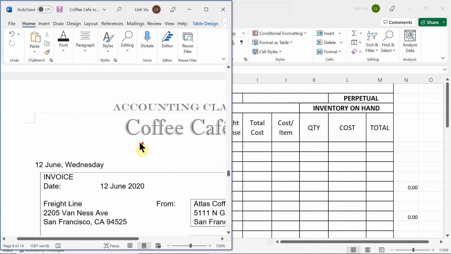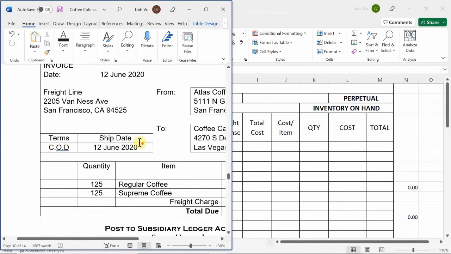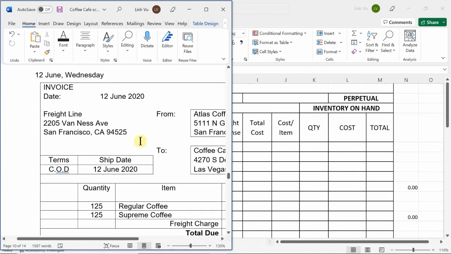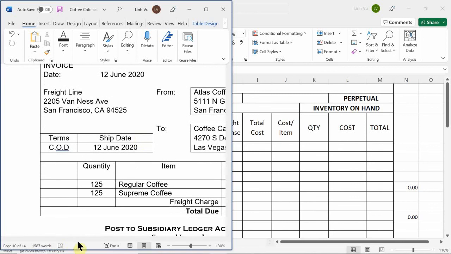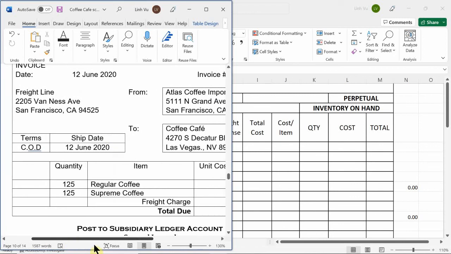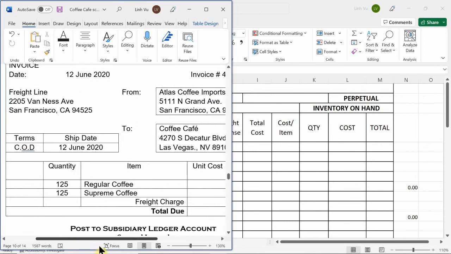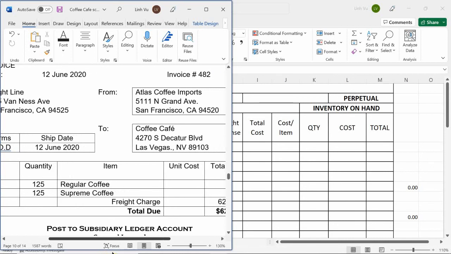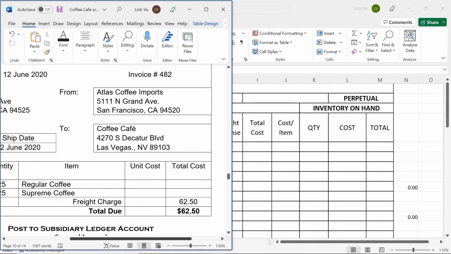In this case, they used Freightline to deliver the coffees to us in Vegas. So this is another COD, cash on delivery, for June 12th, from Atlas to our store here.